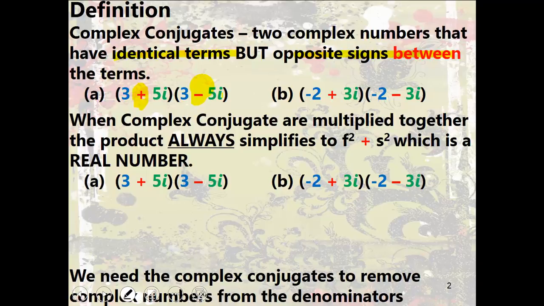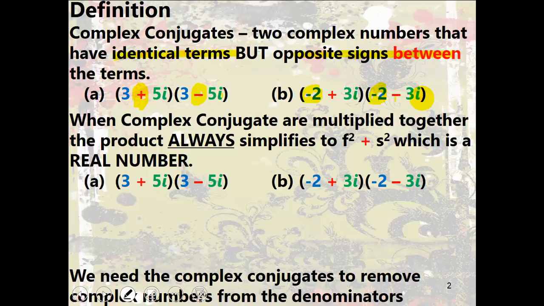Again, in B, our constant is -2, our constant is -2, and then our imaginary is plus 3i and then minus 3i. So there's two ways of thinking about it. Same terms, different signs in between, or you could say same constant and then opposite imaginary numbers, okay?